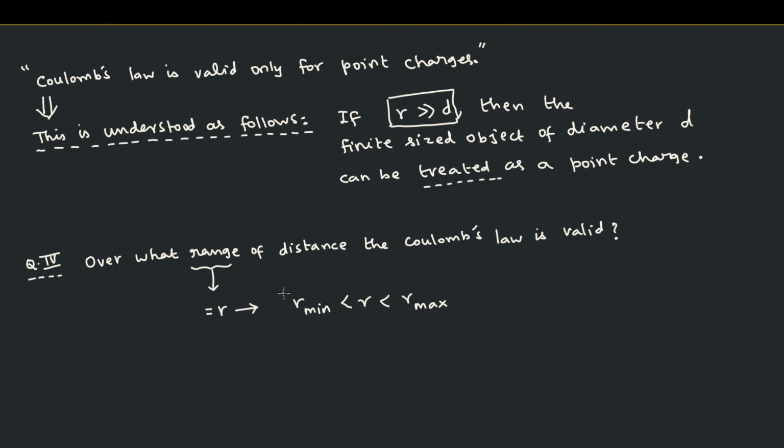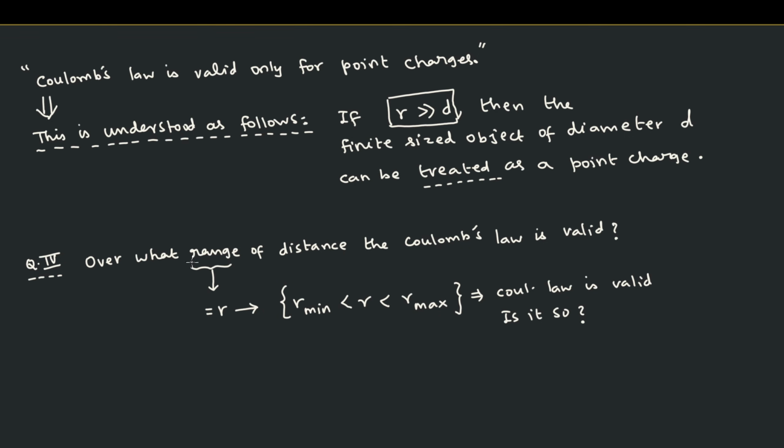That means I have a minimum distance between the 2 charges and a maximum distance between the 2 charges. Only in between these 2 minimum and maximum values, your Coulomb's law is valid. Is it so? I am not saying this as a conclusion. It is only a question now.